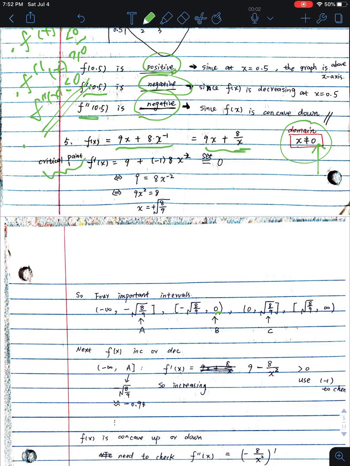From the first section, we know for critical points we just need to find the first derivative of the function and set it equal to 0. We can find x equals plus and minus square root of 8 over 9.